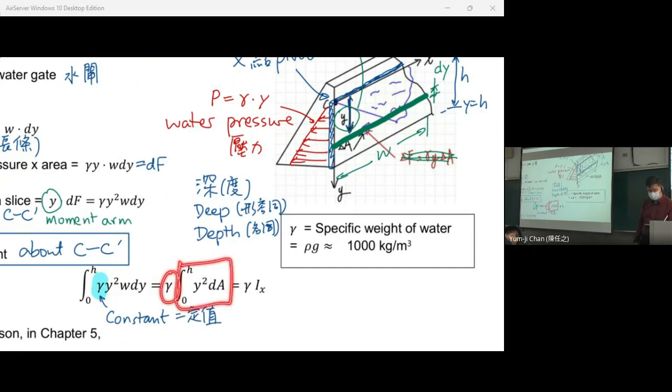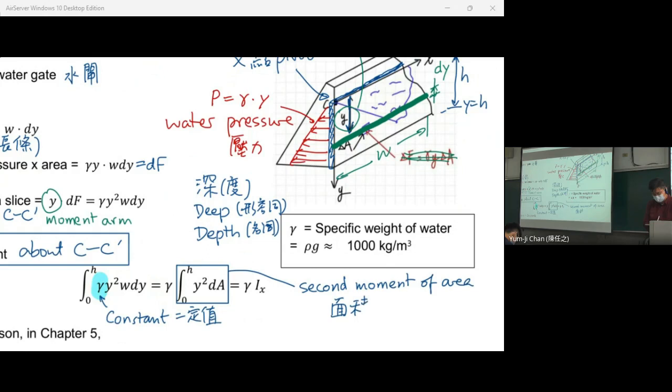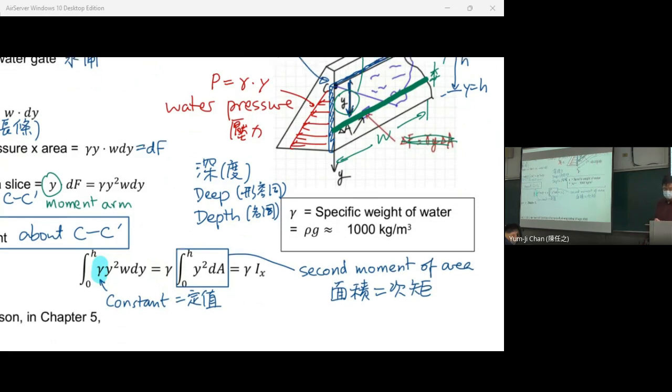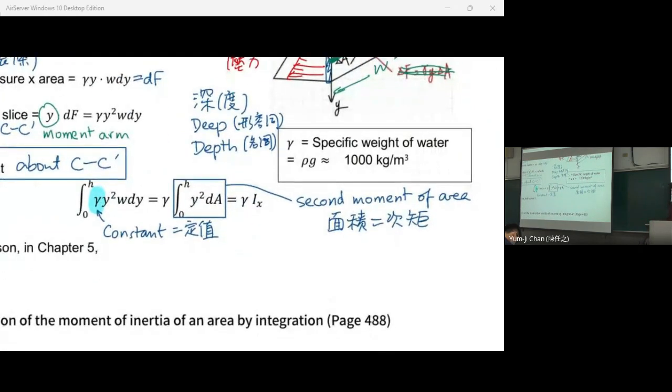So this is what we call the second moment of area. And this is the symbol of it, Ix.